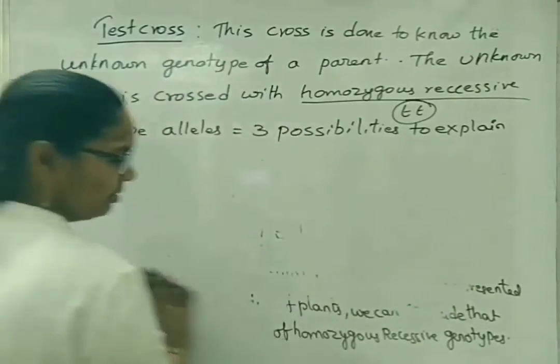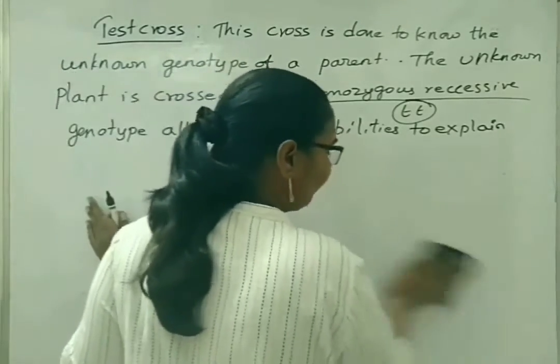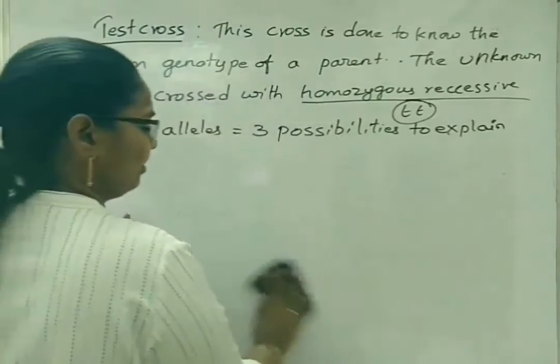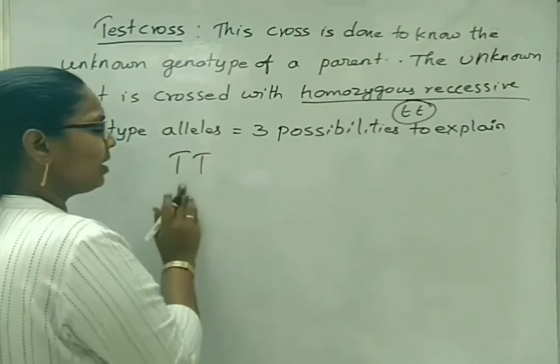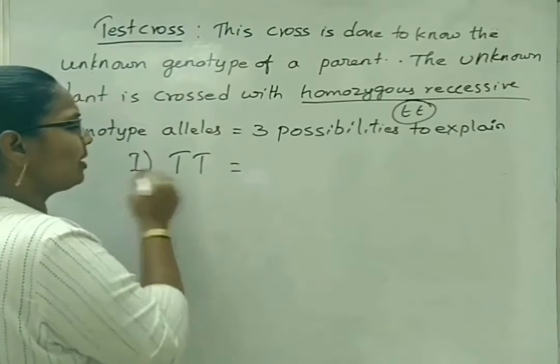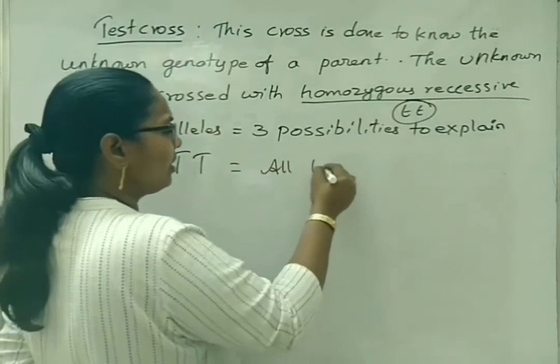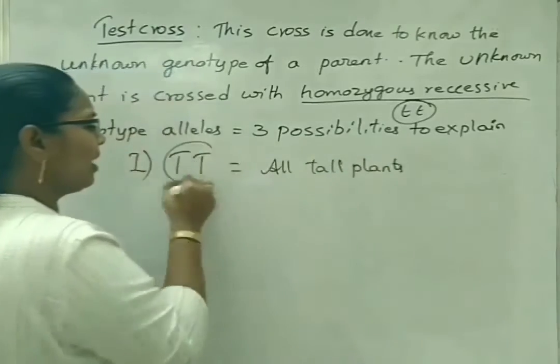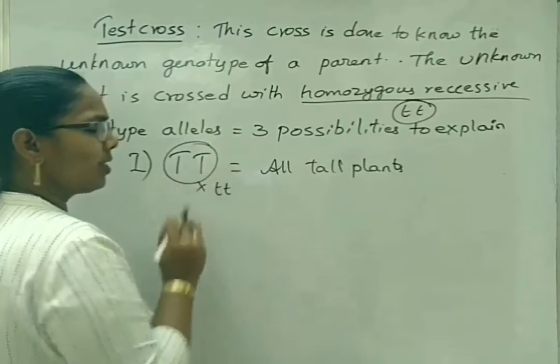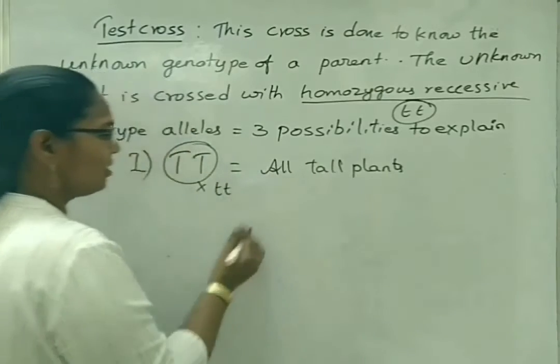Now, let's see some more points regarding this test cross. When we have concluded that the first possibility has given all tall plants, when we have crossed this unknown with the dwarf one, the ratio is 4:0.